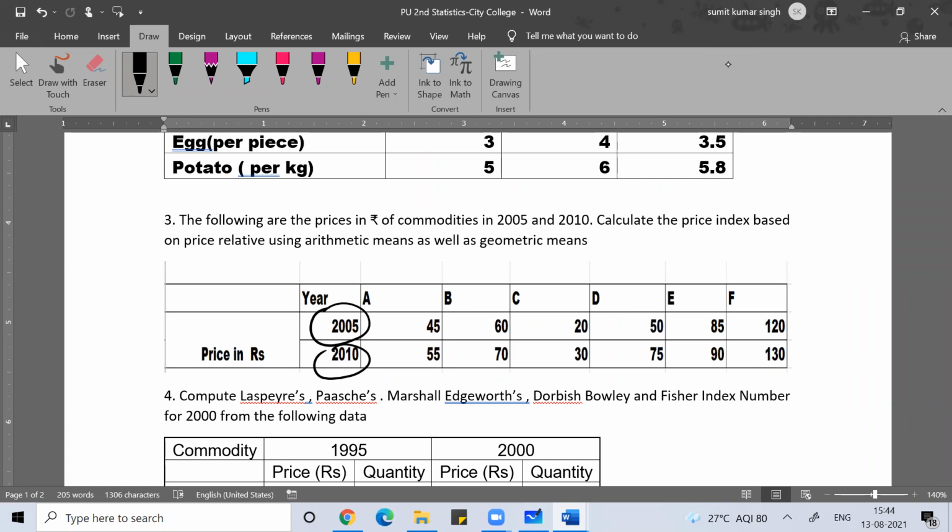I need to find the index number value by following the formula of price relative using the arithmetic mean, and similarly using the geometric mean. Price relative through the arithmetic mean I already found last class with the formula sum of P by N. Today I'll work on the price index number by the geometric mean.